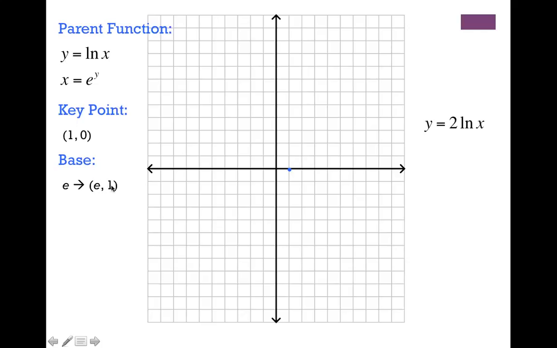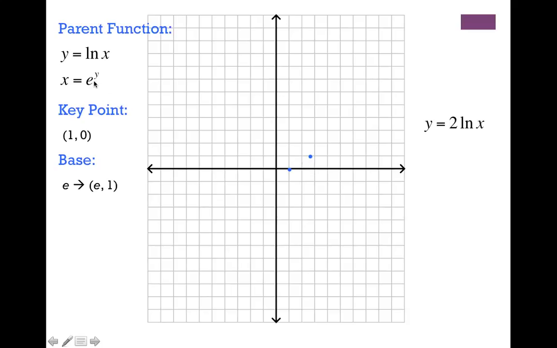But when I put that into the ordered pair, the e for x goes here and the 1 for y goes there. Okay, so this is another ordered pair that I know has to be on my curve. And because we know e is approximately 2.7, I can go ahead and graph that. 2.7, 1.